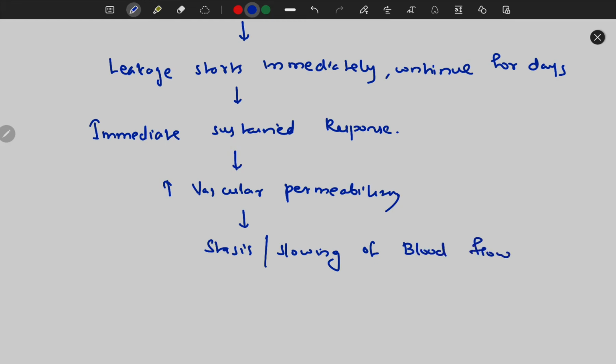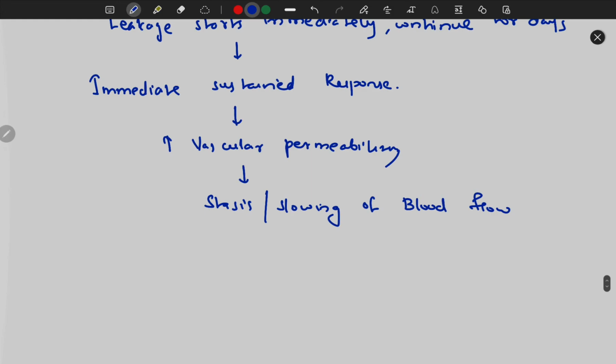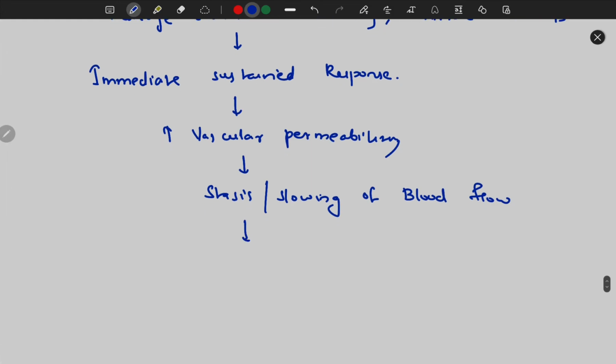When the blood flow is slowed, there is a redistribution of WBC towards the margin.